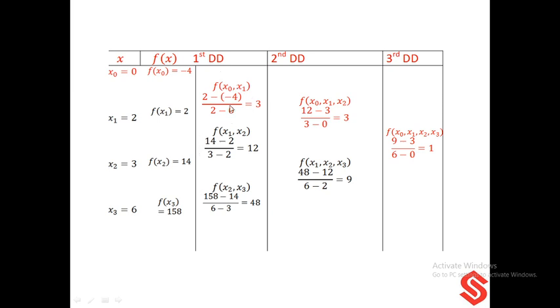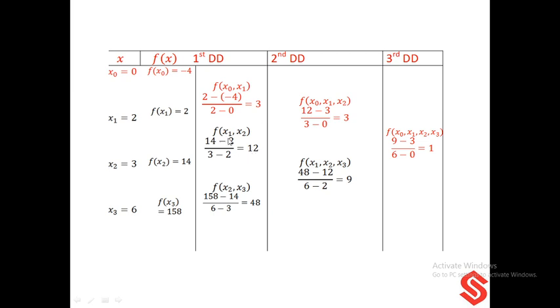First divided difference. According to the definition, f(x0, x1) is defined as (f(x1) - f(x0)) / (x1 - x0). So that is (2 - (-4)) / (2 - 0), which is equal to 3.